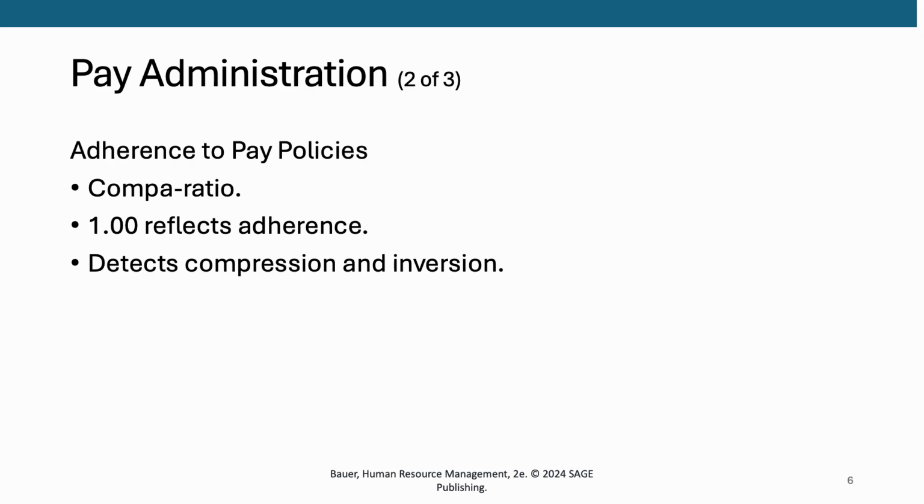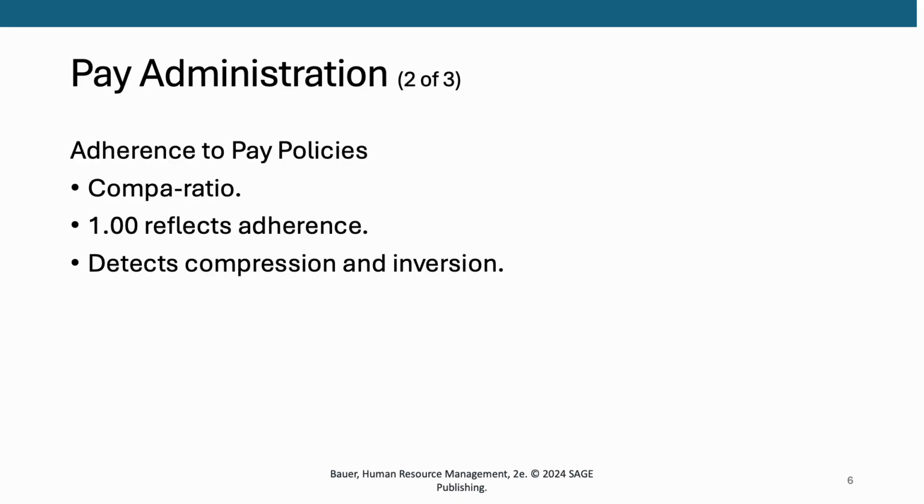And my compa ratio, if my compa ratio says it's 1.5, I'm making 1.5 times that midpoint, right? I might be making a little bit more. Or a compa ratio of 2 means double. But the goal is to get a sense of where you are proportionately compared to the midpoint.